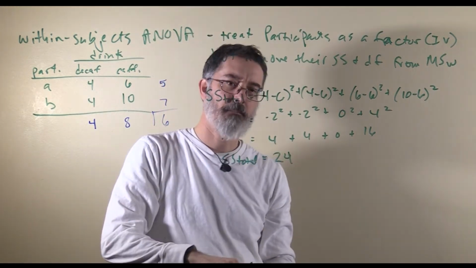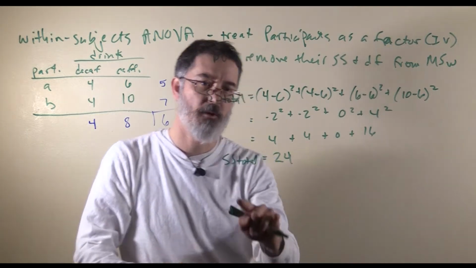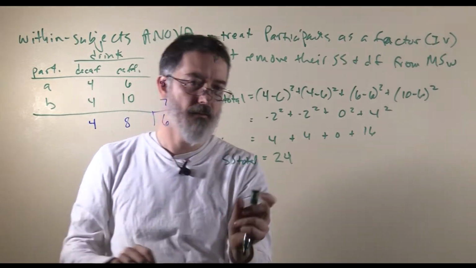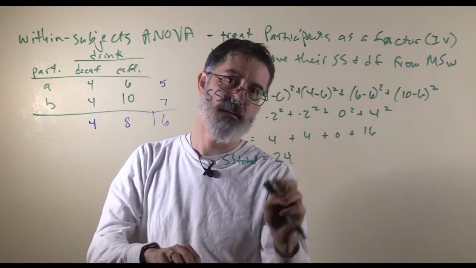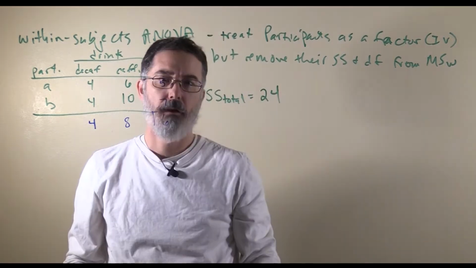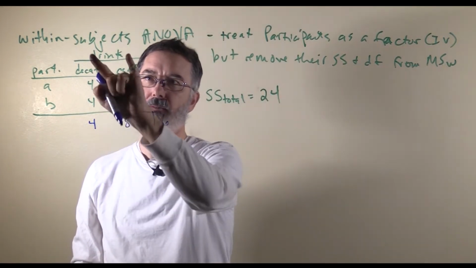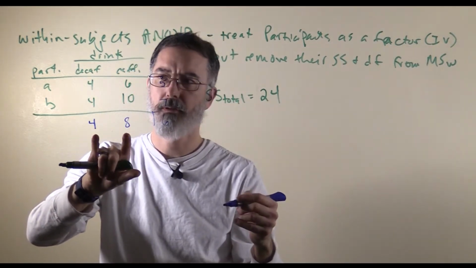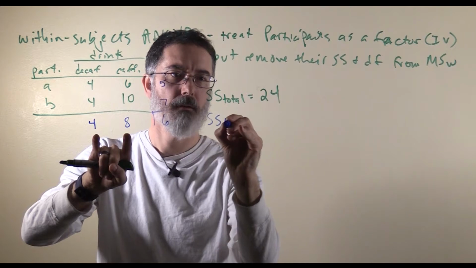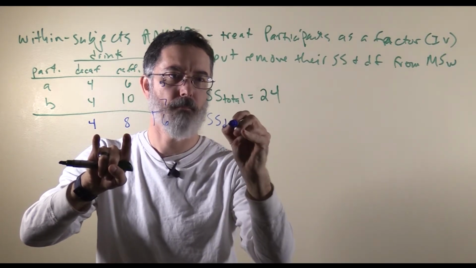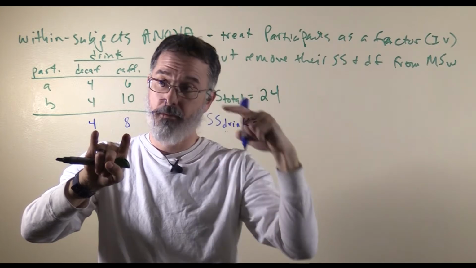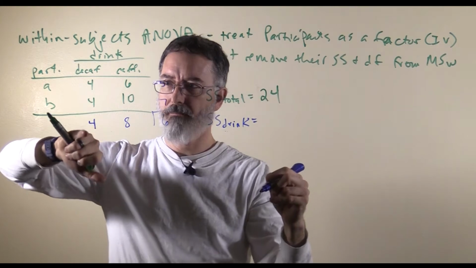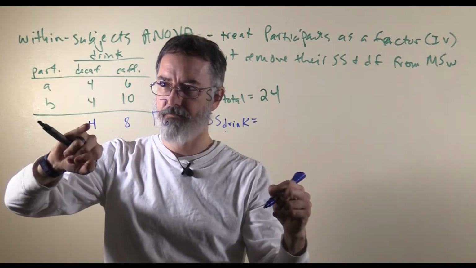So remember, just like with the other ANOVAs we talked about, all of the sums of squares across all of the different ways of breaking down the data are going to add to the sums of squares total. So this is the total sums of squares available to work with. All right, next we'll calculate the sums of squares for the drink variable, and this is exactly like it was for between groups ANOVA. So we'll use the marginal means and compare them to the grand mean, and for each marginal mean you do it one time for each data point in there.